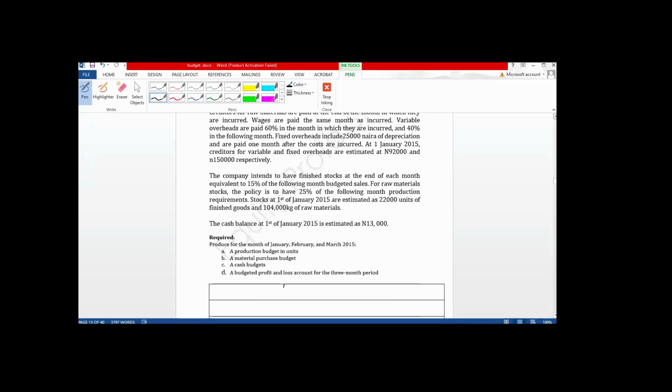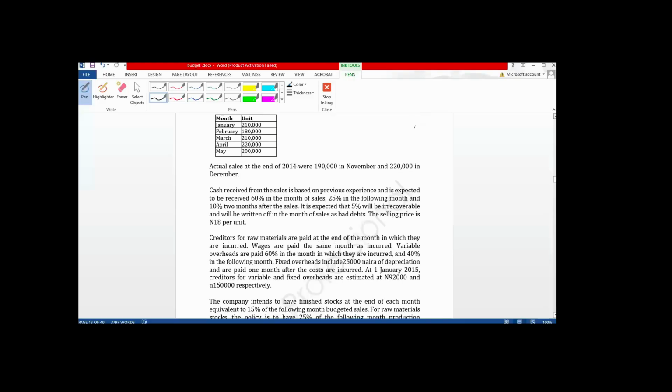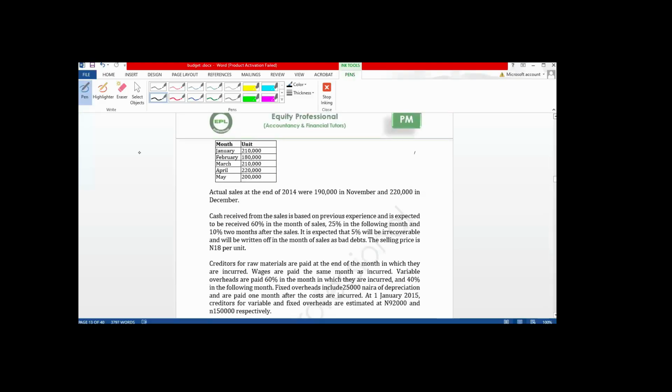If you come here now, if you want to get closing stock for January, you are going to calculate 15% of following month budgeted sales.